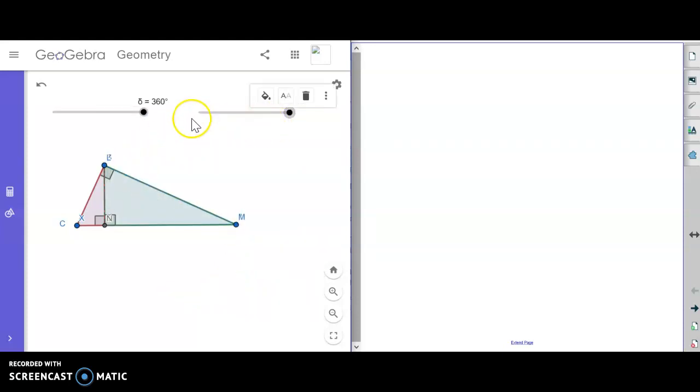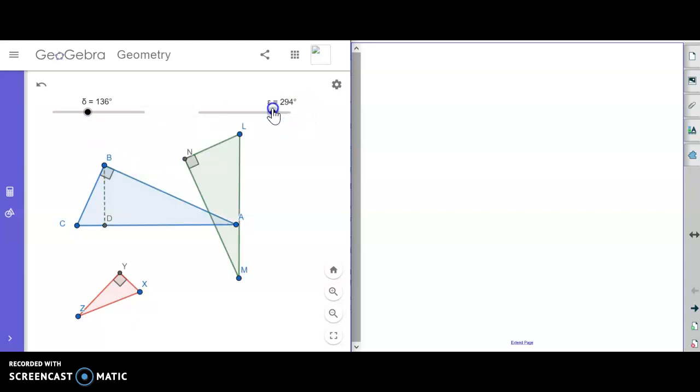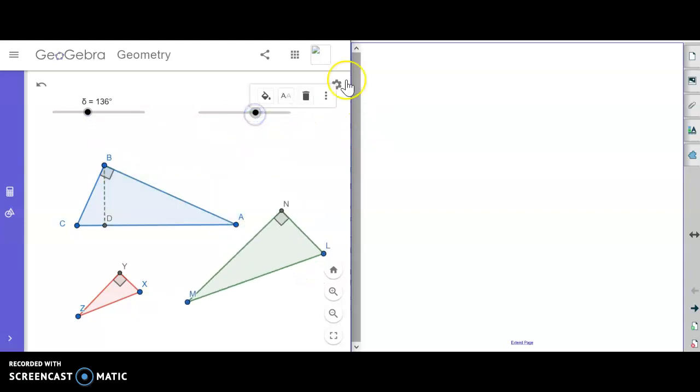So I'm creating three right triangles. What we're going to look at is that these three right triangles are actually very similar to each other, and it's going to create some interesting ratios that we're going to use.